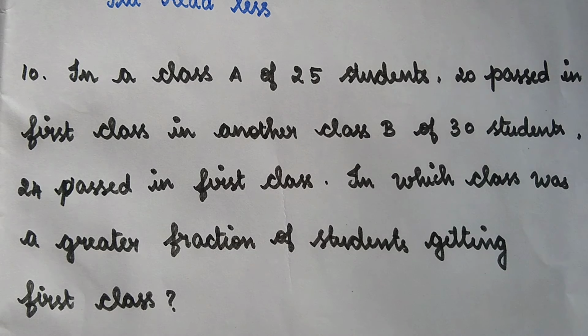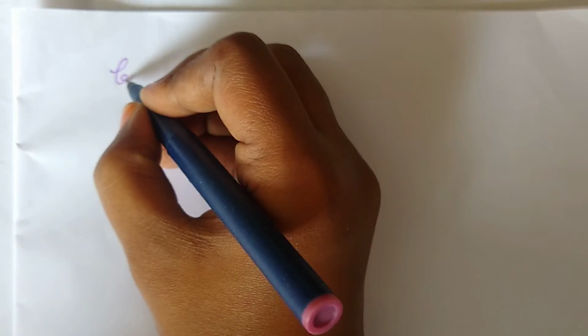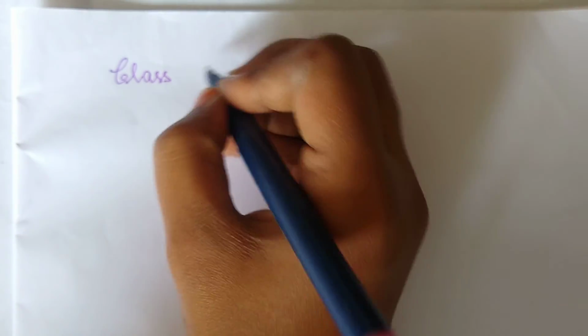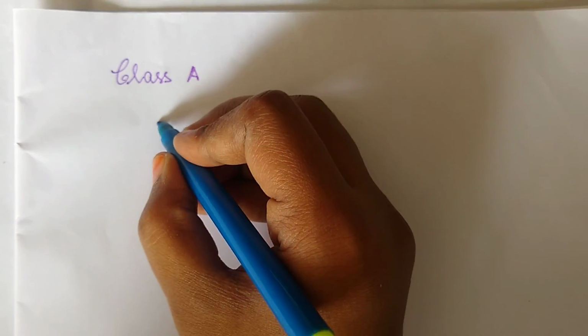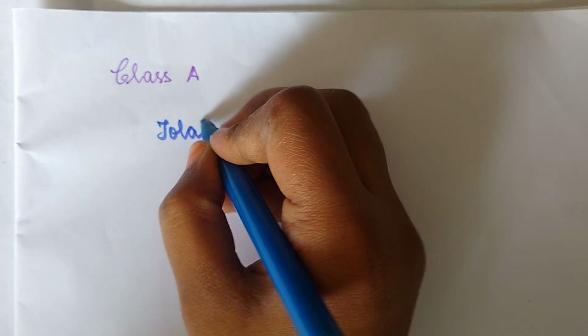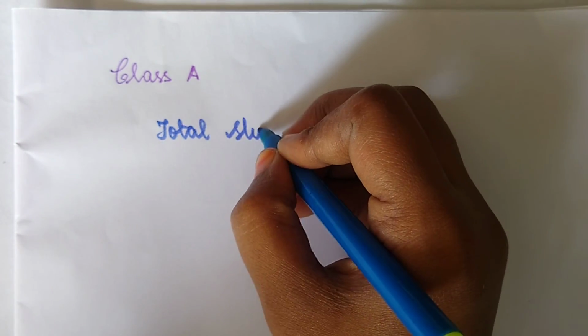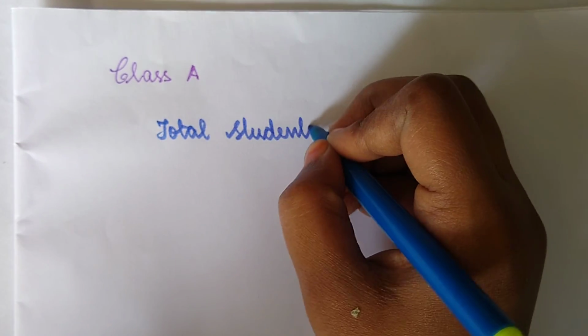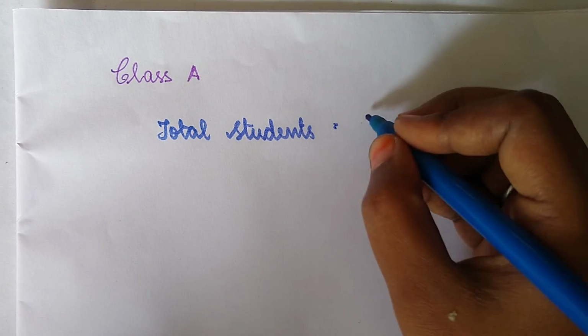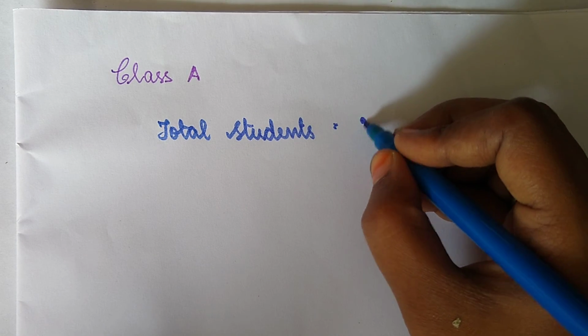This is our question. First we have to write the given of this sum. What is the given? First we have to take class A. In class A, total students 25.